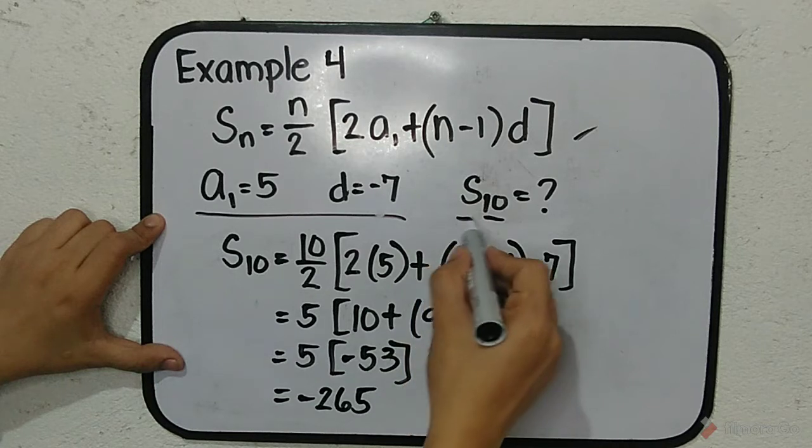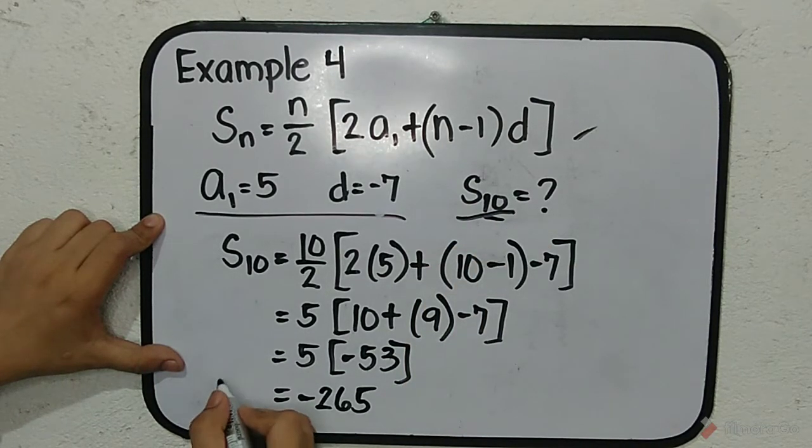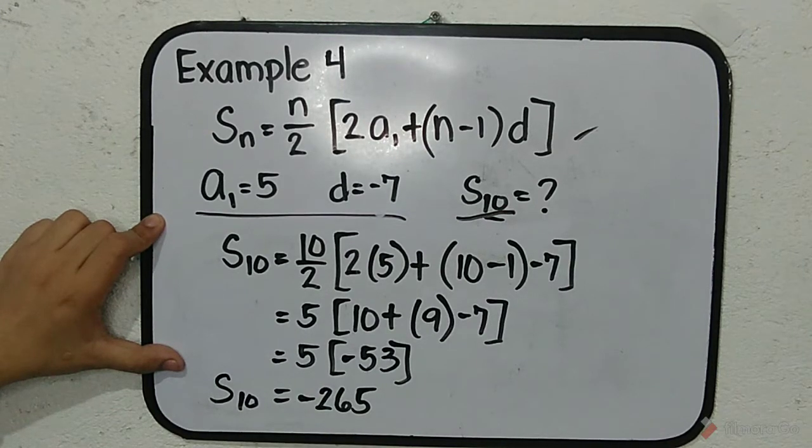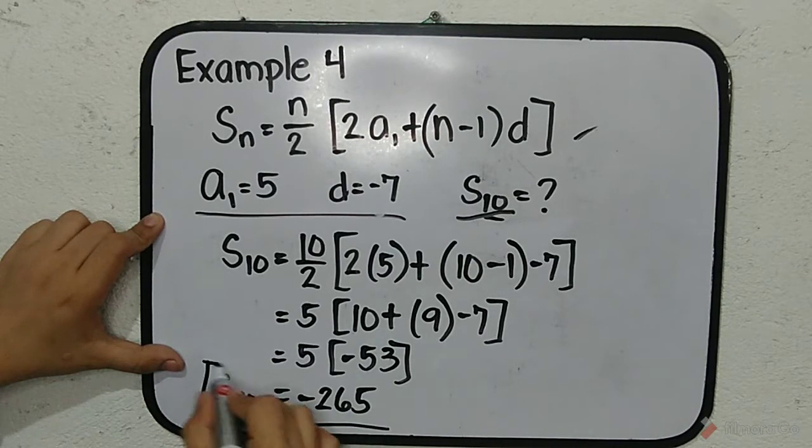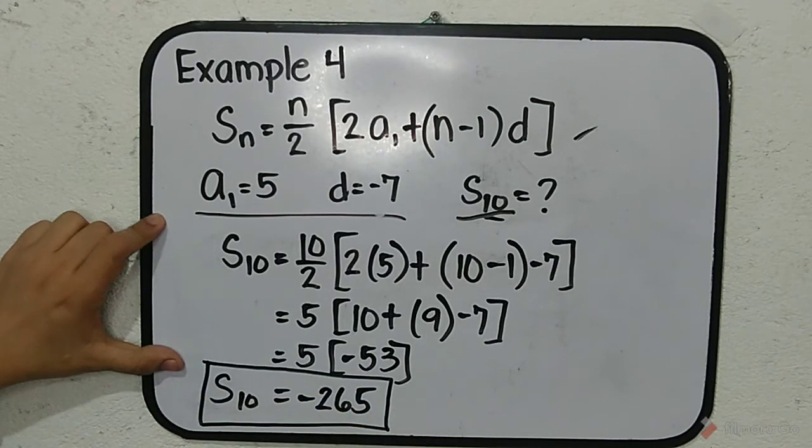Therefore, our S sub 10 or the sum of our first 10 ng ating arithmetic series or sequence is negative 265.